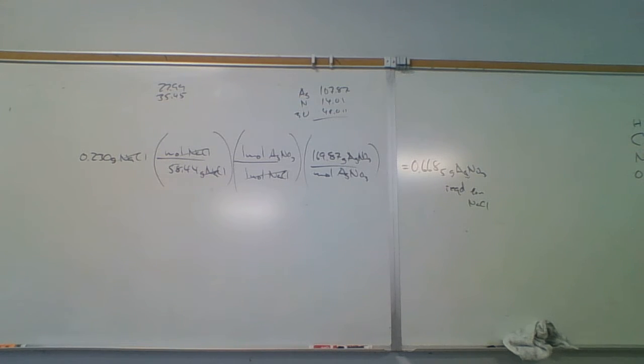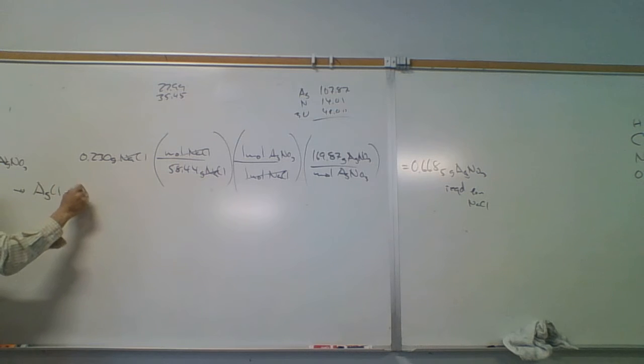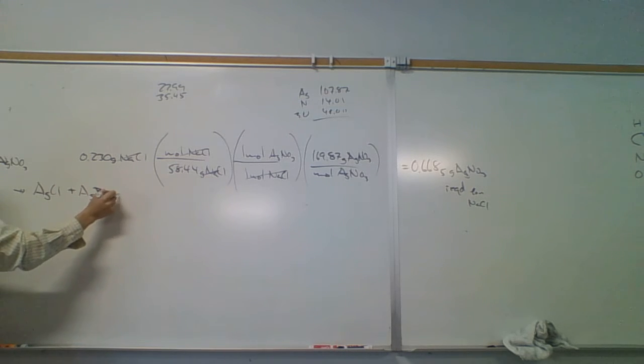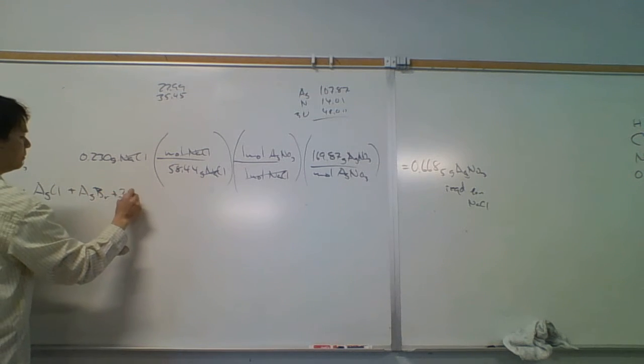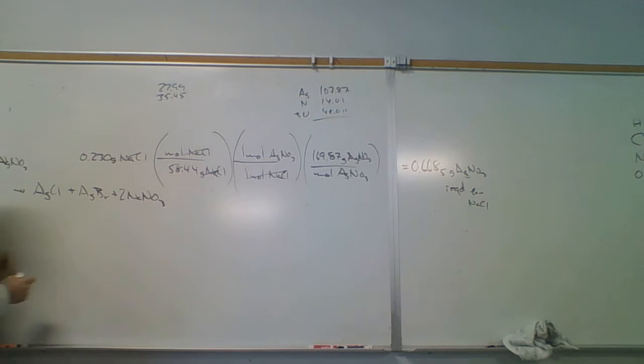Sodium chloride plus sodium bromide plus 2 silver nitrates yields silver chloride plus silver bromide plus 2 sodium nitrates. What's the problem with doing it like this?